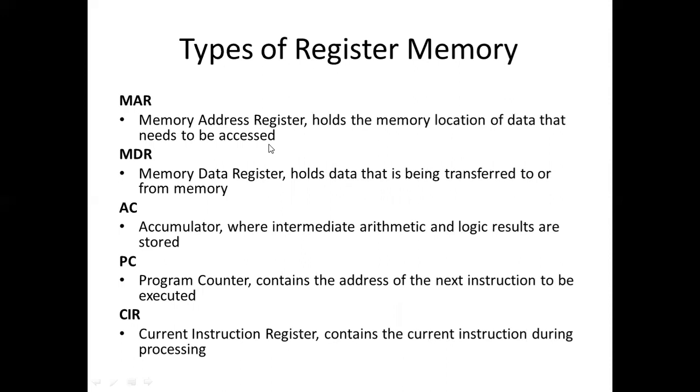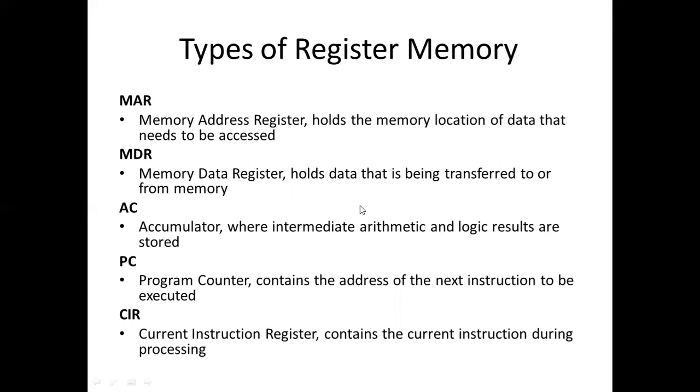And then we have a memory data register, which holds data that is being transferred to and from the memory, the data that needs to go to the CPU and the data that needs to go to the memory.